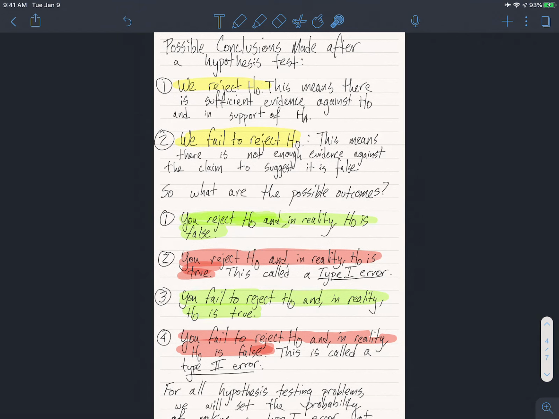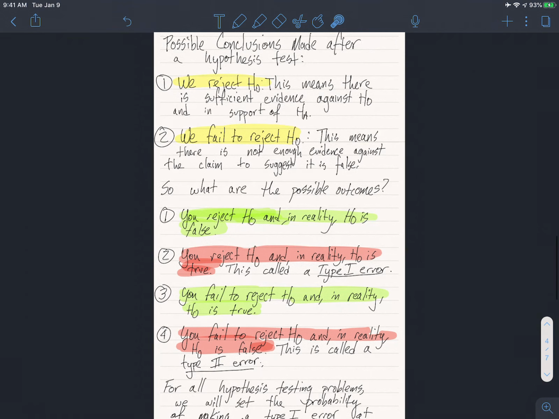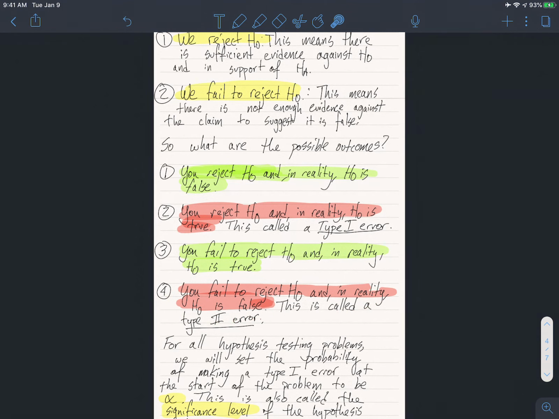So I say 14% of people smoke, and your evidence suggests, okay, I can't reject that. And in reality, if we were able to sample everyone in the world, and it is equal to 14%, then you made the right conclusion. I did not lie, and you did not reject me. However, there are two possibilities that could go wrong. You end up rejecting a true statement, or you end up not rejecting a false statement.